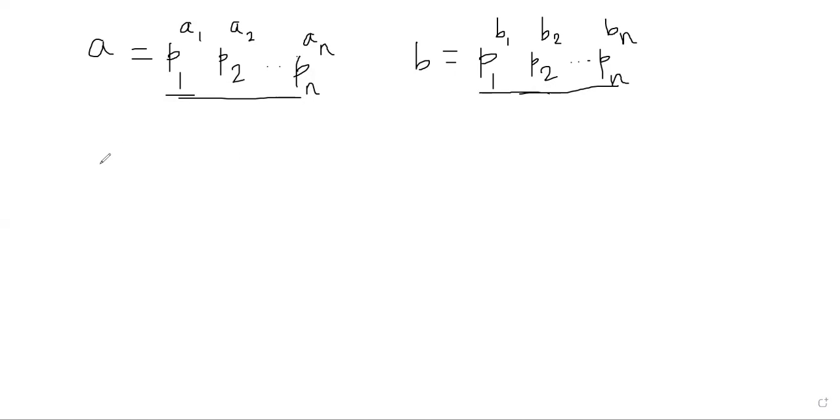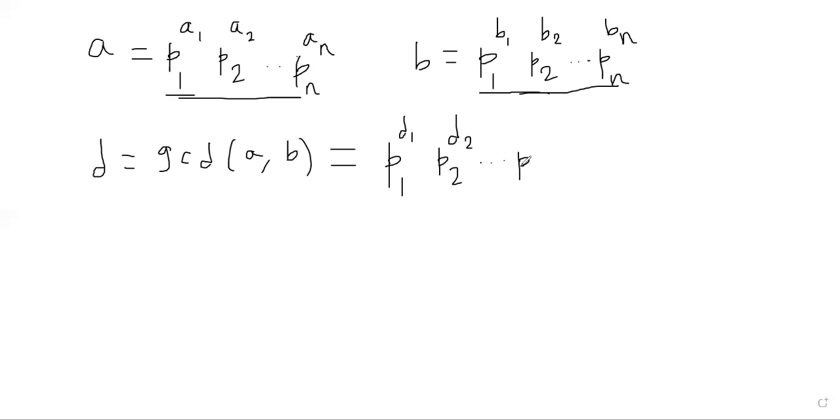So we need to prove that the GCD of a and b, which is a number d, has an interesting structure. The structure is nothing but p1 power d1, p2 power d2, and so on, pn power dn, where these di's that you're seeing in the superscript must satisfy this property that di is nothing but the minimum of ai and bi.